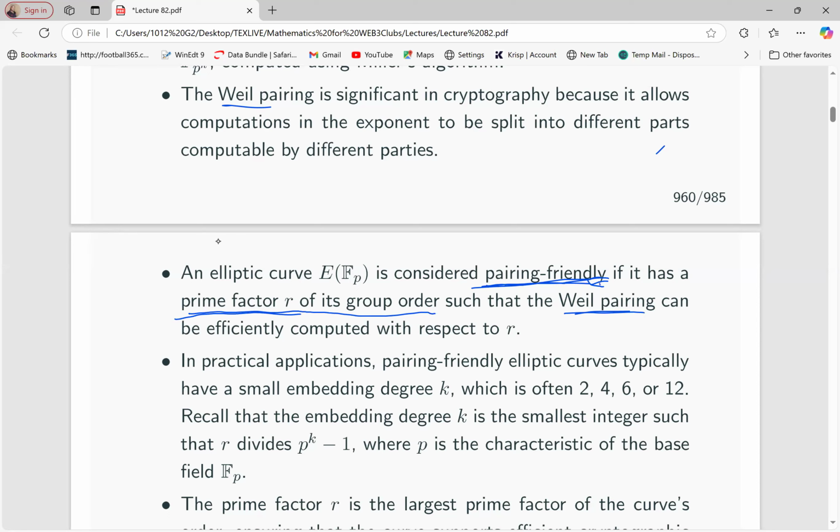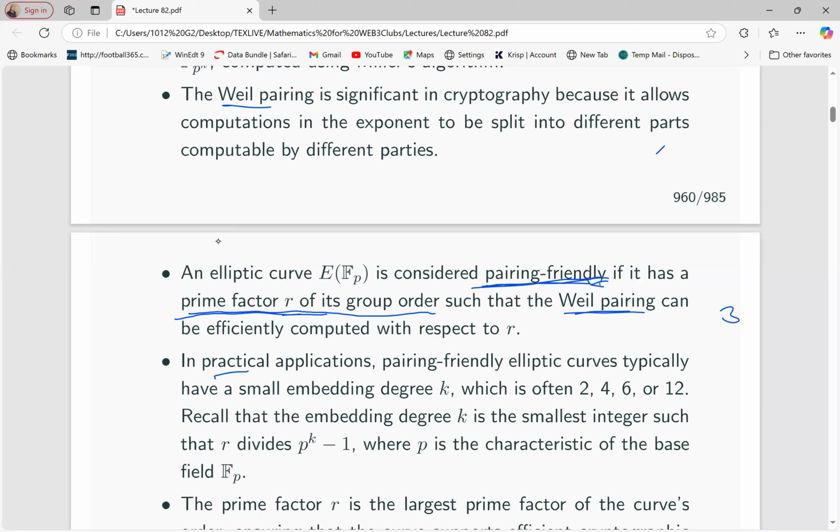If, for instance, 3 is the prime factor, it will give us 0 in the denominator. So we look at the prime factor to tell if an elliptic curve is pairing friendly or not, so that we only use pairing-friendly elliptic curves to do Weil pairing. You don't use any other.